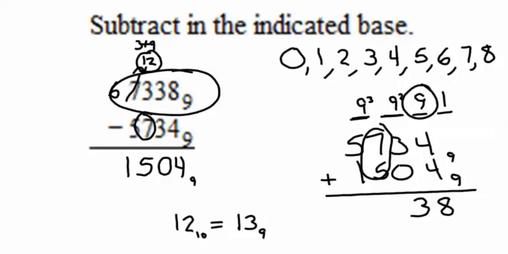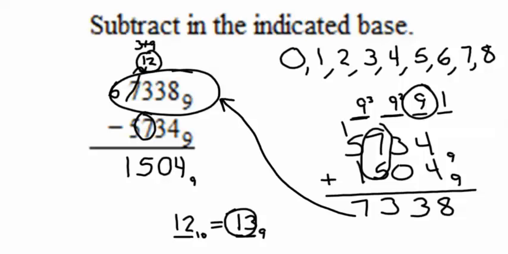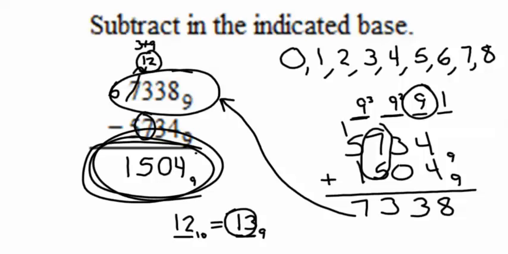So that means one group of 9 and 3 ones, and if you have one group of 9 and 3 ones, that is 12 in base 10. So here we would write down the 3, and we would carry the 1. And 1 plus 5 plus 1 would give us 7. And you notice that does check because that is what we started with. So our answer to our subtraction problem is 1504 in base 9.